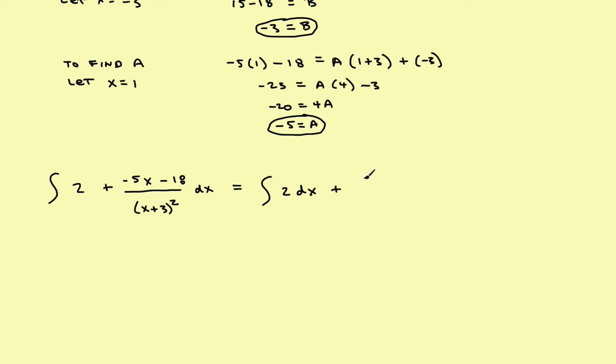So that's going to be the integral of -5 over x plus 3 dx. And then finally, the last one as an integral of -3 over x plus 3 squared.